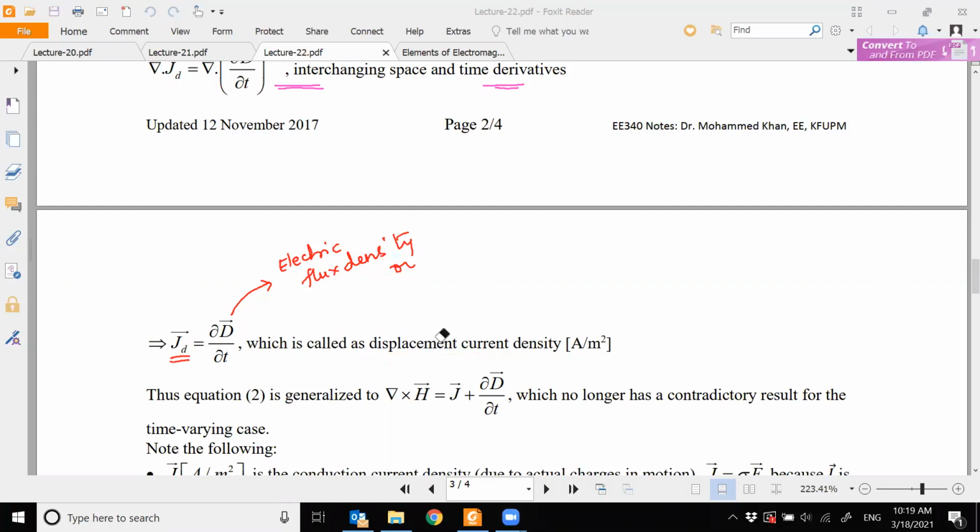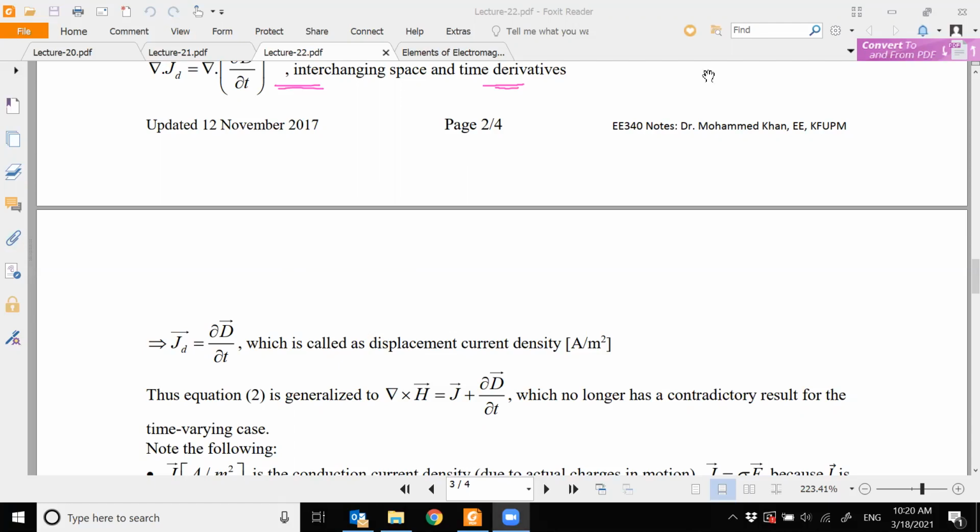Or in other words, because of the time varying electric field, you will have the time varying electric flux density also. And this time varying electric flux density is nothing but our displacement current density.